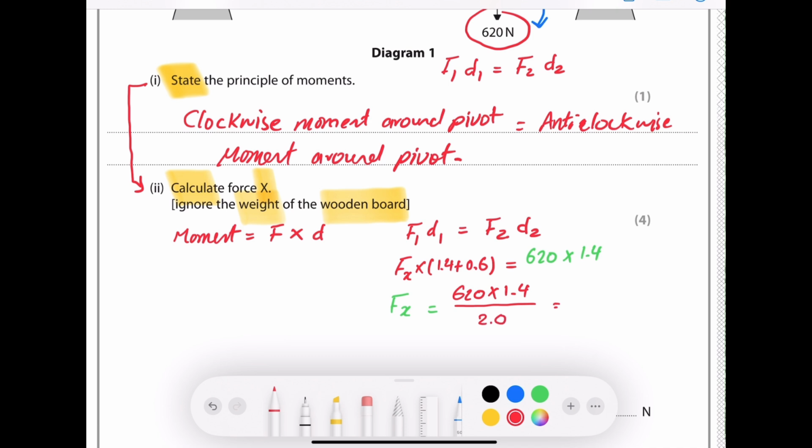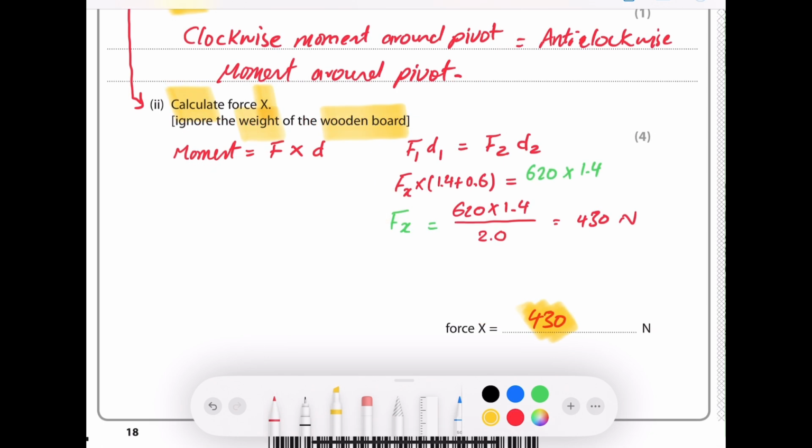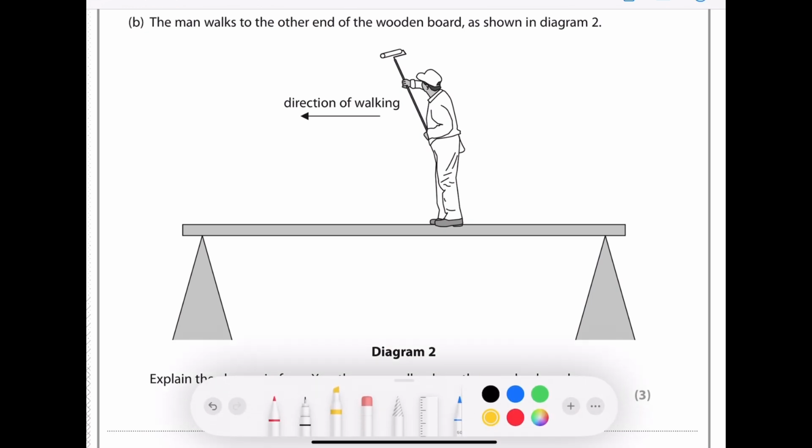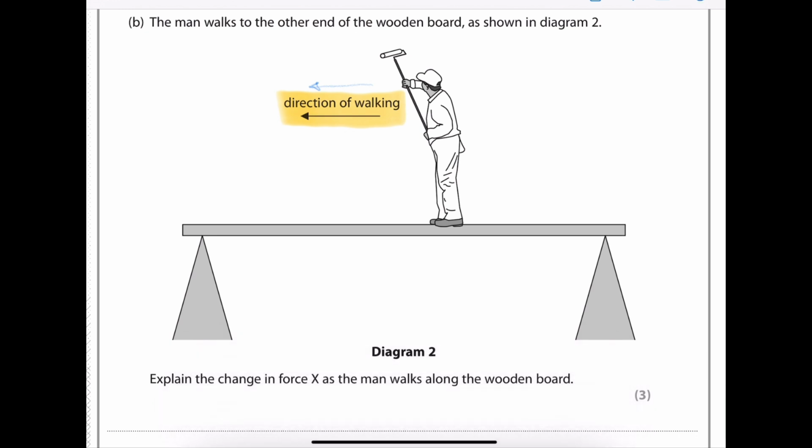The man walks to the other end of the wooden board, as shown in diagram 2. So this is the direction of movement. The man goes from the right side to the left side. The examiner now is asking, explain the change in force X as the man walks along the wooden board.